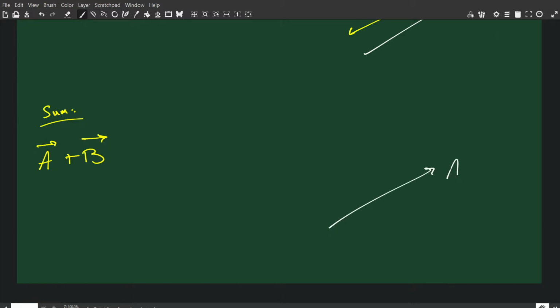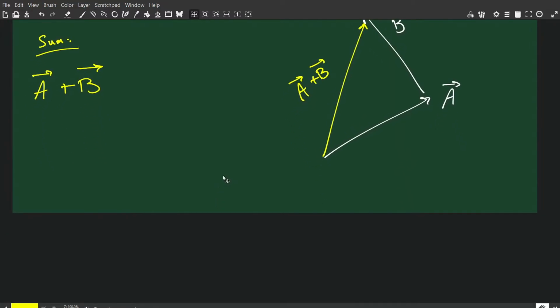This one is the a vector, and this one is the b vector. I would like to call this vector a plus b. Actually, it's our definition for the plus operator. Just this.